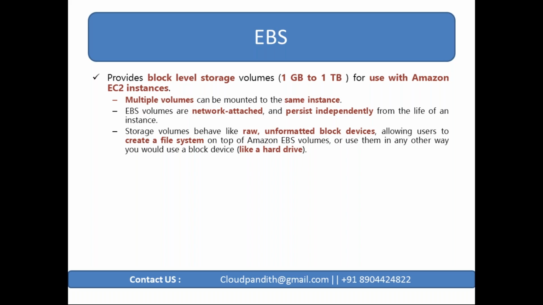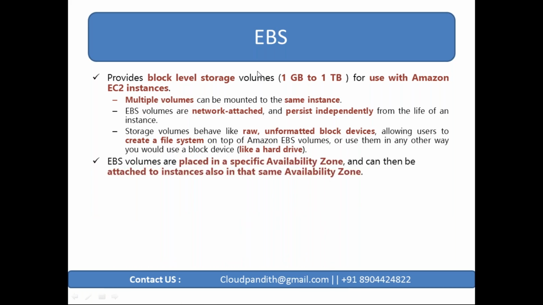Here you can keep all your persistent data, friends. You can get EBS volumes from 1 GB to 1 TB, and more than 1 TB also you are able to get. Next, whatever data you are storing in EBS will be taken as snapshots. Snapshots are nothing but copies.